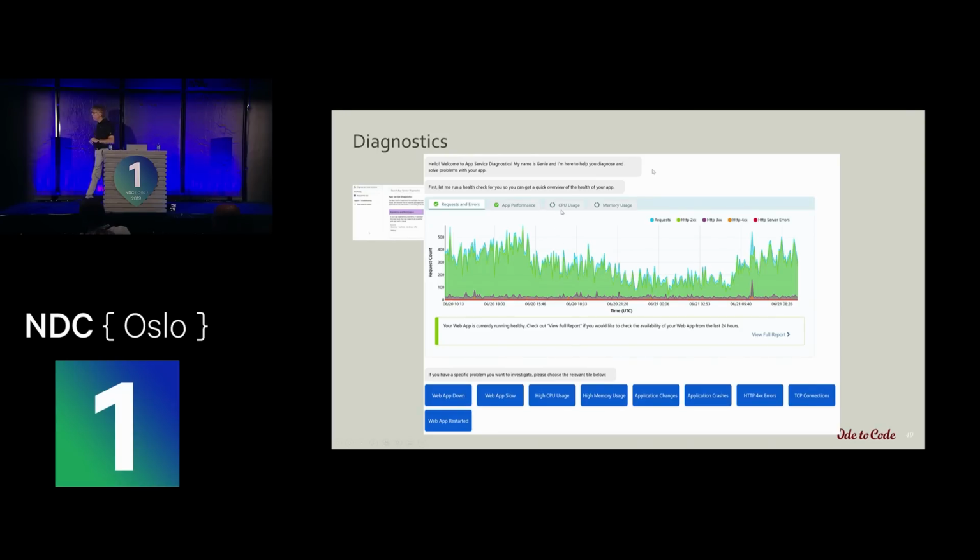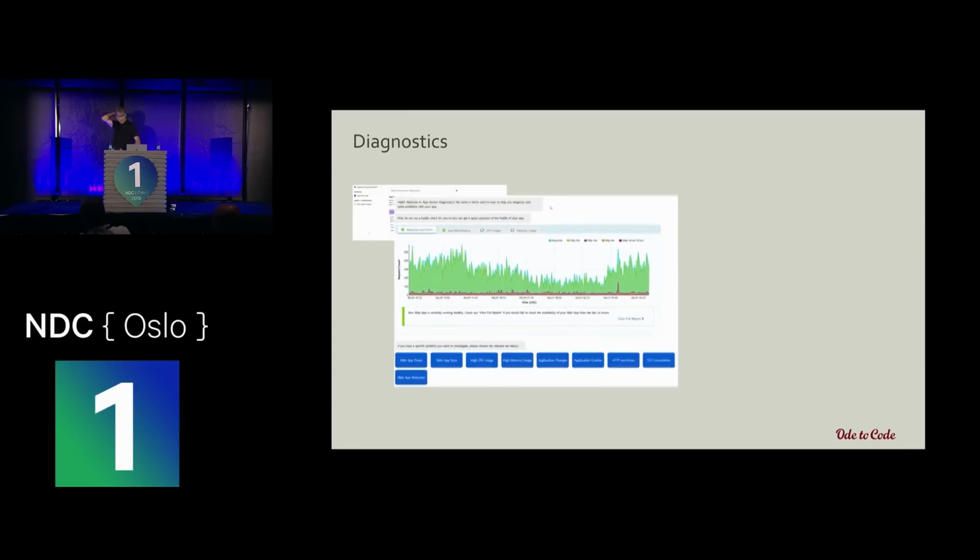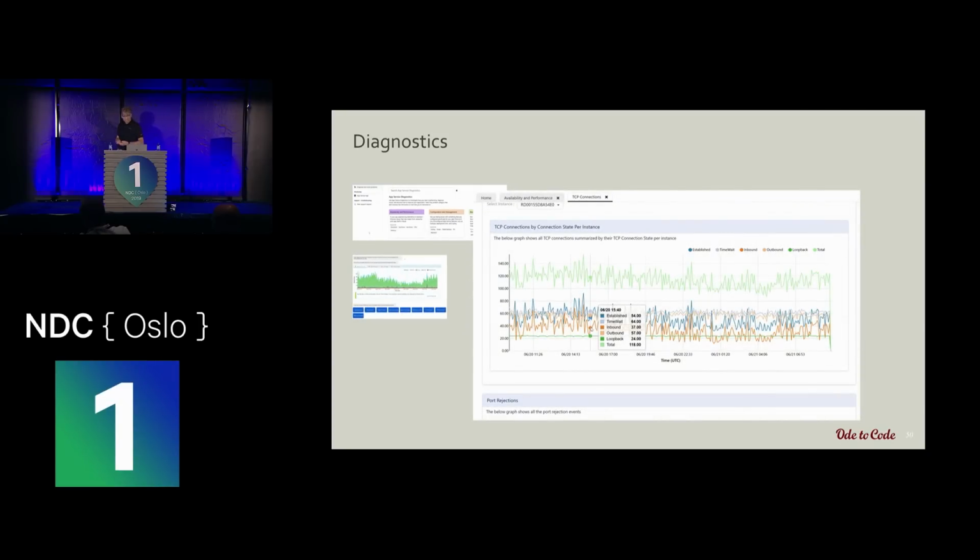I can get sort of the same level of granularity on CPU usage and memory usage. And then let's say, again, talking about TCP/IP connections, let's say there's some sort of weird starvation problem I'm facing. I can drill into those things and actually get it down into the weeds about what's going on. How many inbound connections do I have? How many outbound connections is my application trying to do?